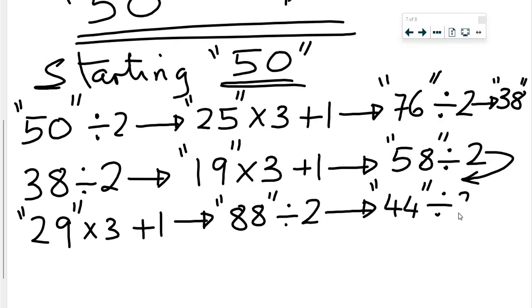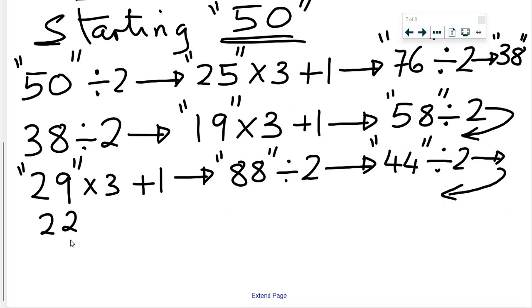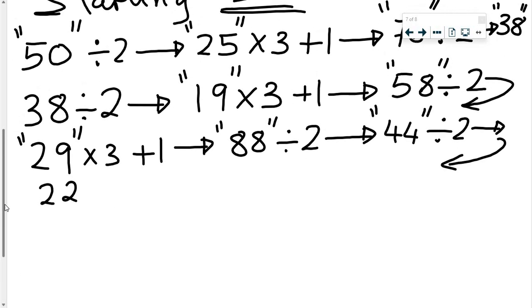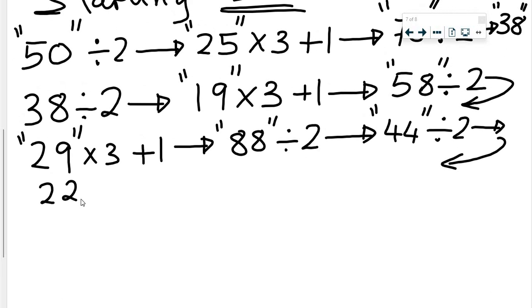Divide by 2. What do you get? 44 divided by 2, you get 22. 22 is an even number. Take this 22, which is even number, divide by 2. What do you get? You get 11. 11 is odd number.